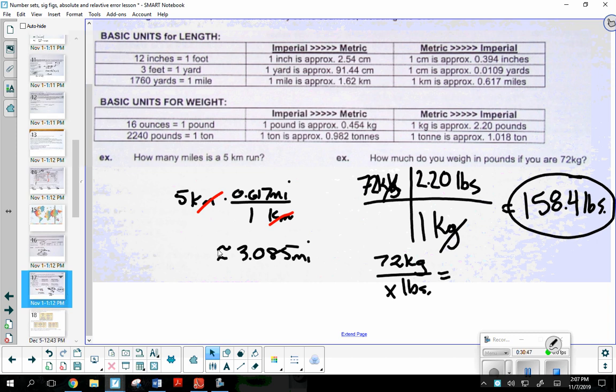Now I want to go ahead and set up a ratio here. So we know that 1 kilogram is approximately 2.20 pounds. There you go. And you'll notice the way Jaylee set it up, we multiplied the 2.20. Well, in order to solve a proportion, you would cross multiply here 72 times, again, the 2.20. There you go. So however it's most comfortable for you, I would encourage you to go ahead and do that. But there you go.